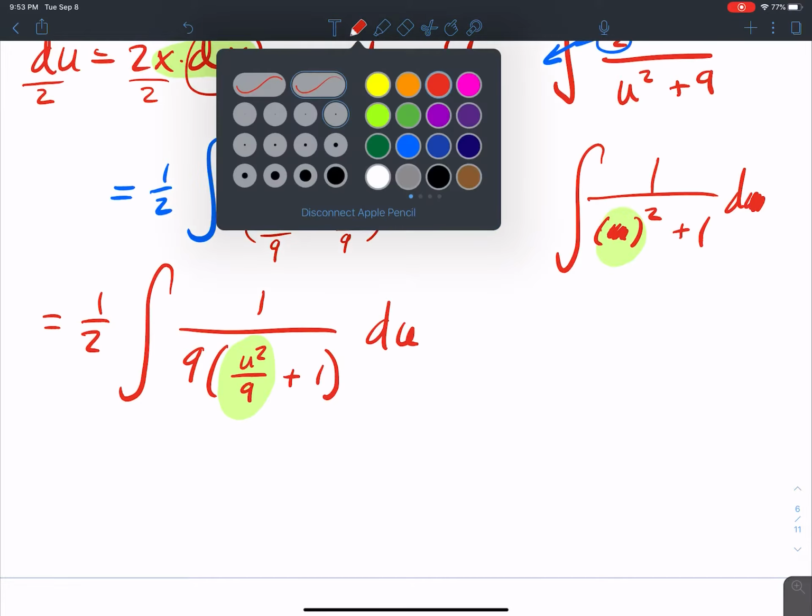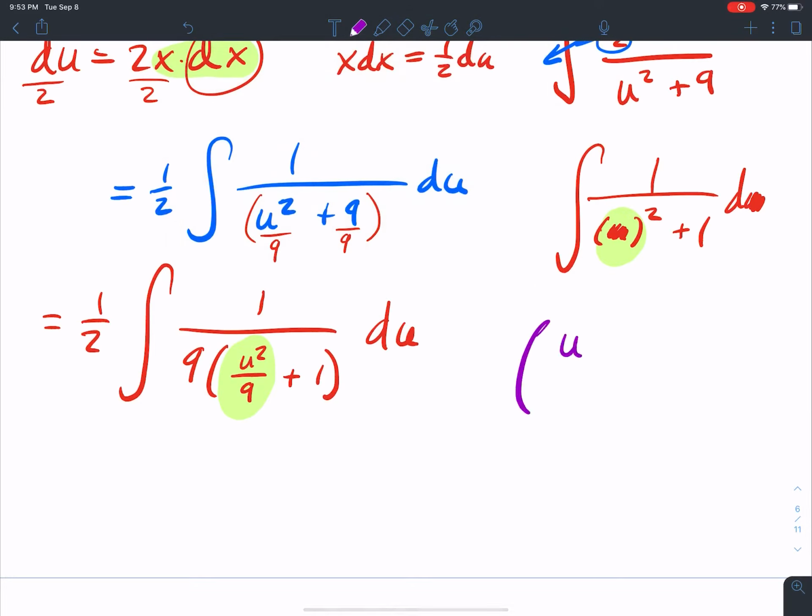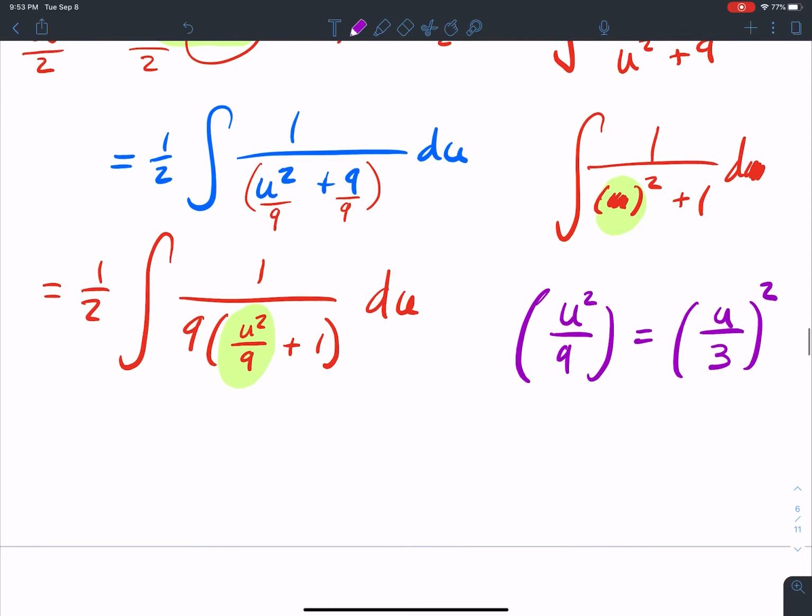So how do I make u squared over 9 equal to something squared? Well, the numerator is easy. The numerator is just u. And the 9, if I square a number to get 9, okay, if I square 3, I get 9.